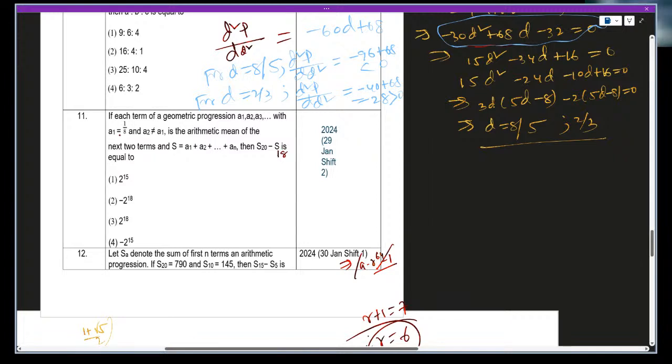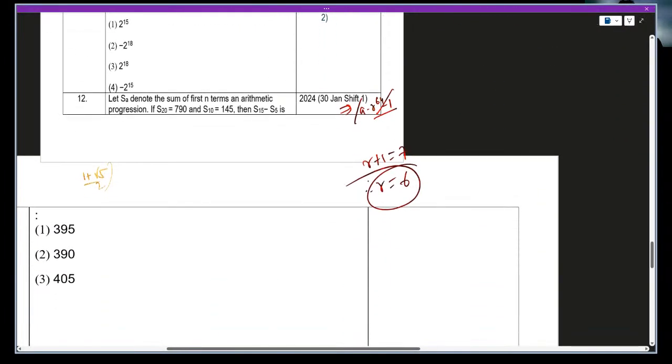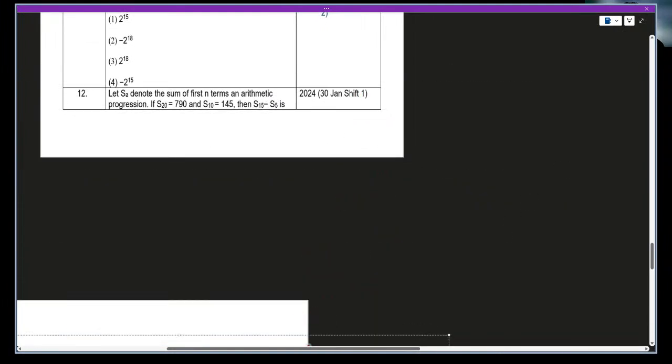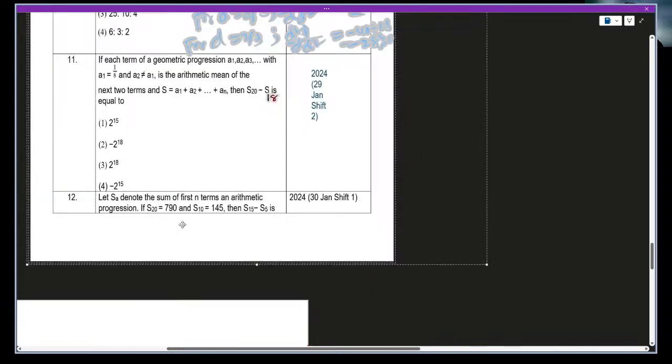This will be the last sum. I will solve it for you. Try number 11 before I start. Can you do it? You can. If you try, then you can. If you don't try, then you will never get.